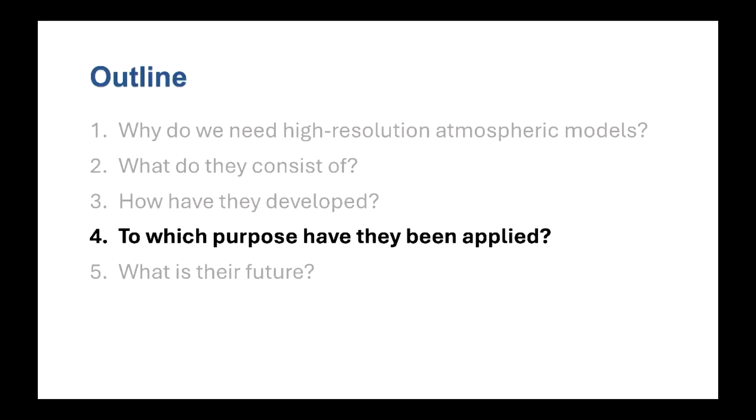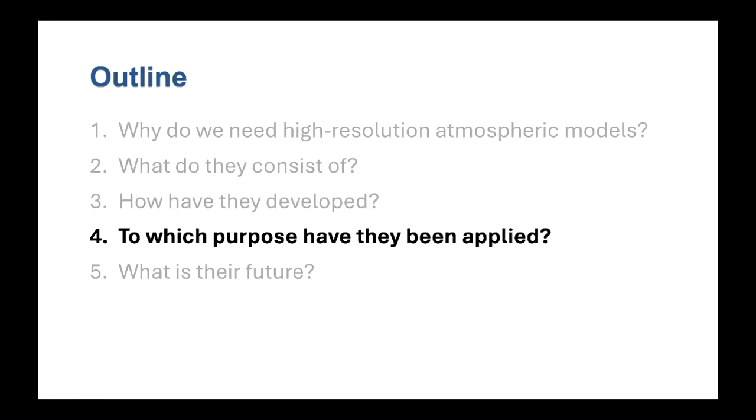Now I want to talk a little bit about the purposes to which these models have been applied. We're saying that they're being increasingly used, but what are they used for? As I said, over the past 20 years there's been significant advancement in this model development and their application in atmospheric and climate sciences.